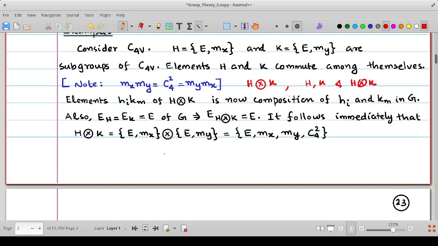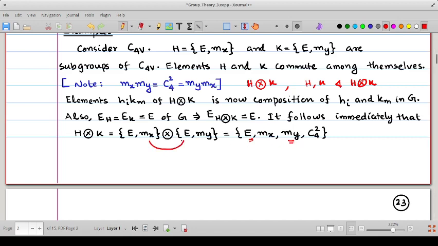H outer product K is given by the outer product of H with K. Now the elements are given by the product of the elements of these two groups. So first E times E, that is equal to E, and next E times My, that is equal to My.